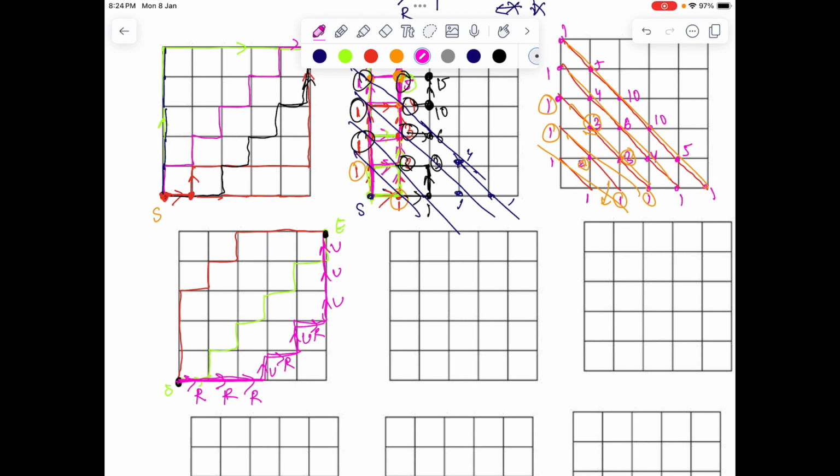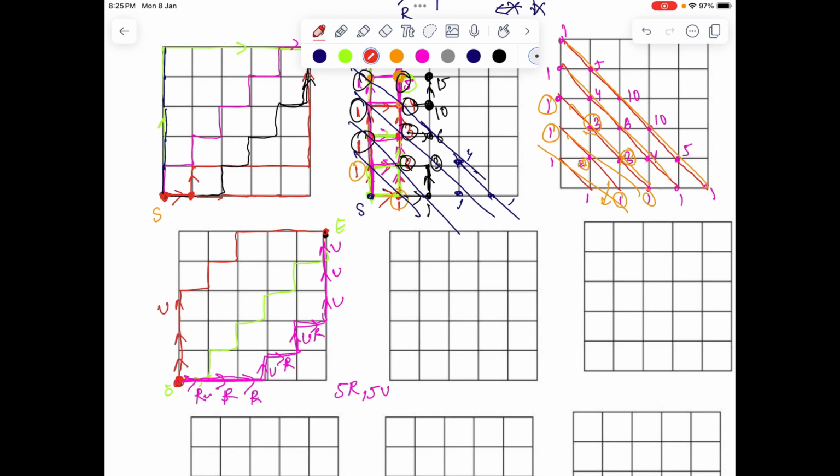So how many moves are there in the right direction? Clearly you can see 1, 2, 3, 4, 5. So we have 5 moves in the right direction and 5 moves in the up direction, right? It will always be the case, and this is basically known as projection in physics, because to move from S to E in any path fundamentally takes 5 steps along right and 5 steps along up, no matter what path you choose.